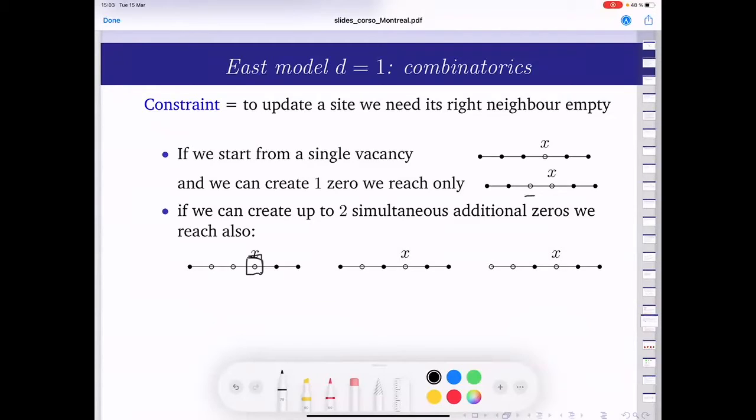Then you can also reach the configuration in which I put a second 0 here. But you can also reach a configuration in which now I am here, and I'm able to update this site to occupied. So I can also reach a configuration in which I have a 0 in the original 0, then a 1, and then a 0.